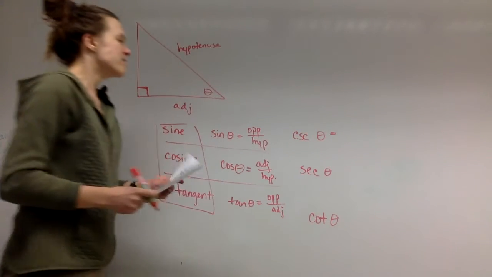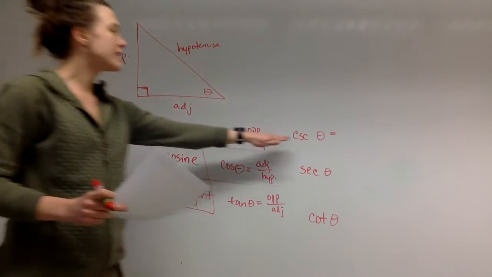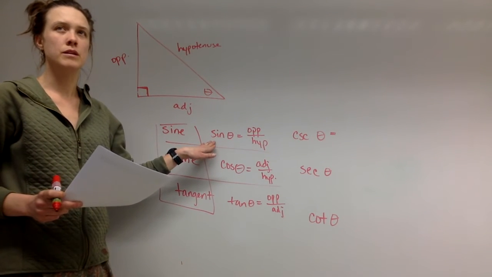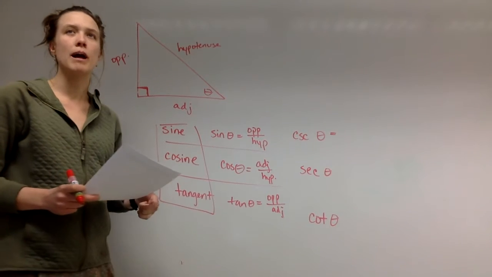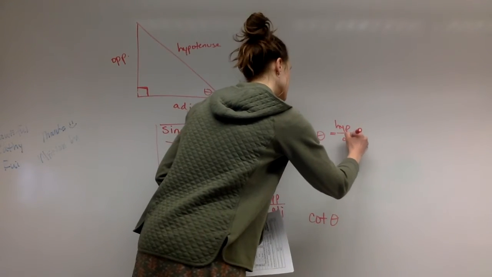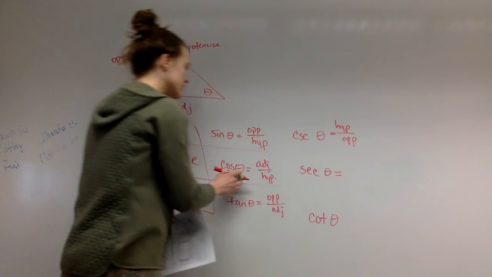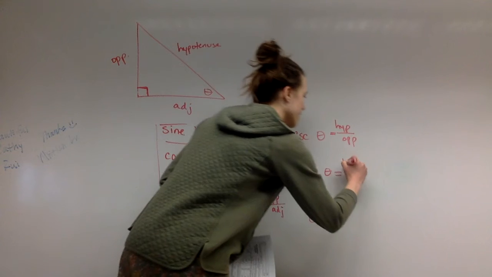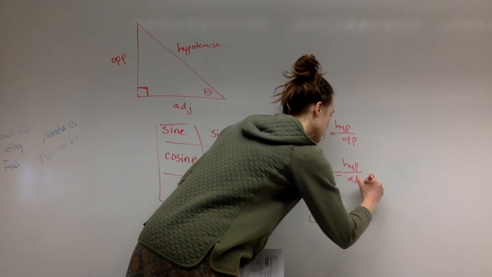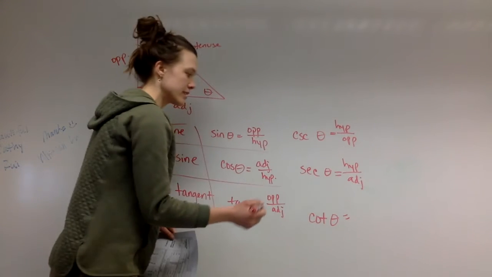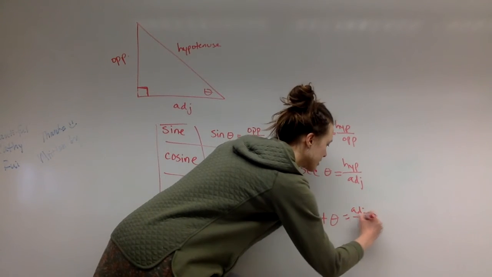Thank you. So cosecant is the reciprocal of sine theta. What would that be equal to? The reciprocal of opposite over hypotenuse would be hypotenuse over opposite. Nice. Secant is the reciprocal of cosine. What would that be? Nice. And cotangent is the reciprocal of tangent, which is adjacent over opposite. Nice.